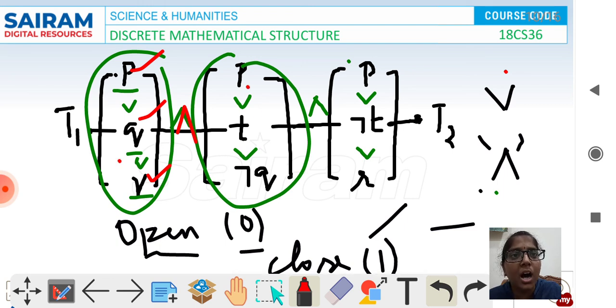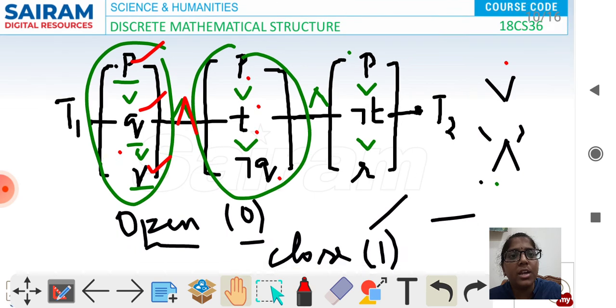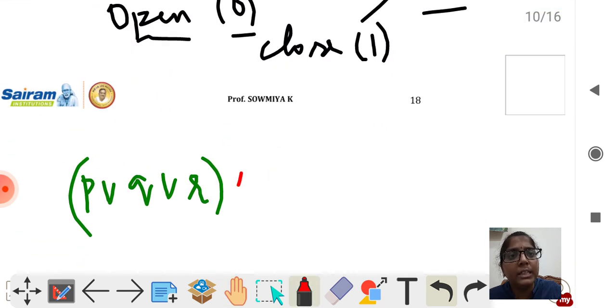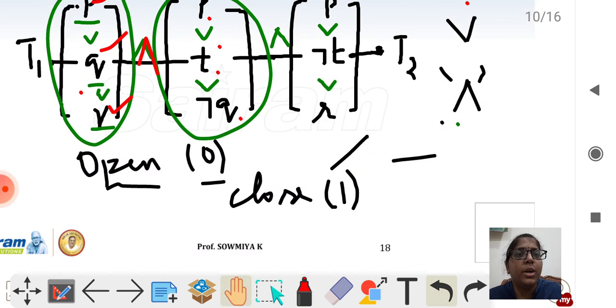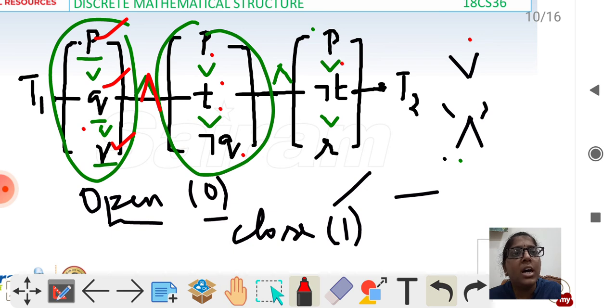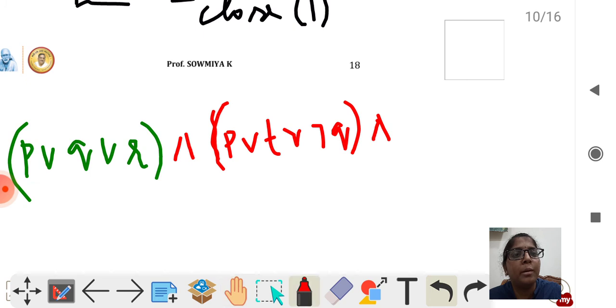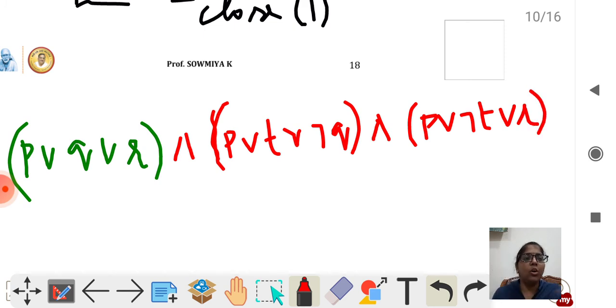And P ∨ T ∨ negation Q, and also we are having a series. So what is the connective you will use? It is AND. Okay. And P ∨ negation T ∨ R. So this is the compound statement.